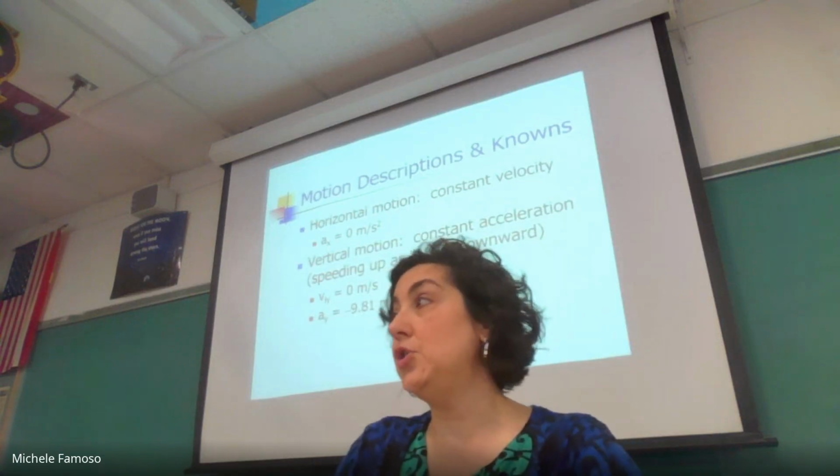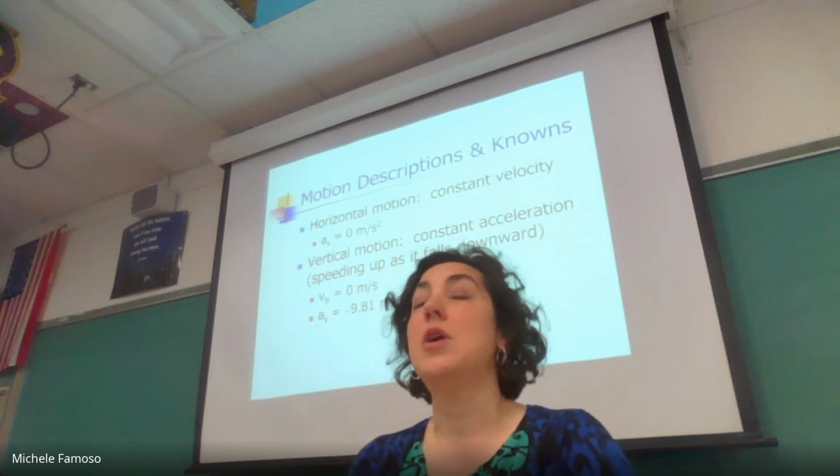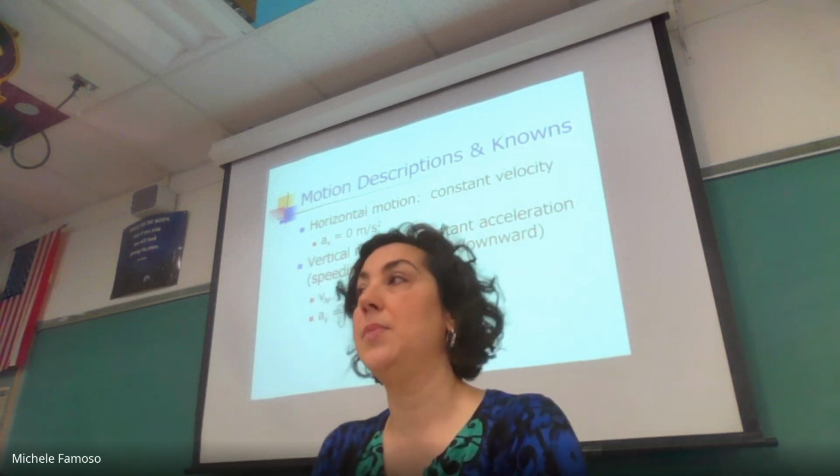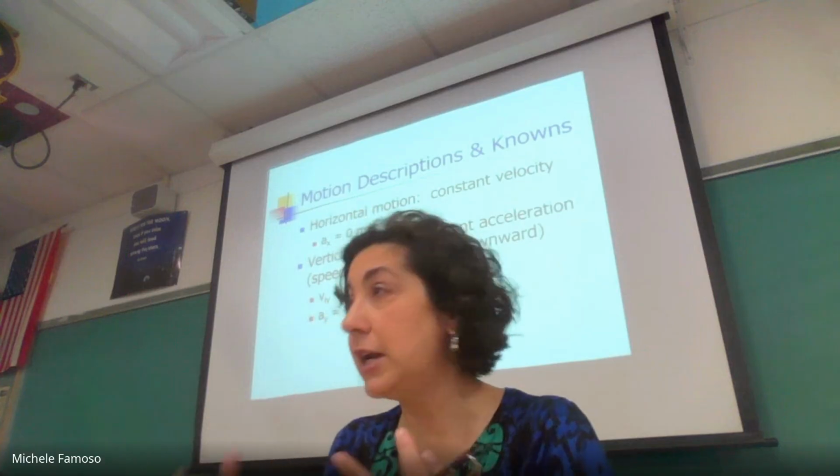If we all of a sudden do the problem on Mars or on the moon, we don't use negative 9.81. Remember, that number is dependent on the planetary object that you're on.